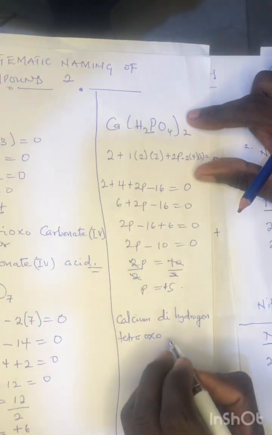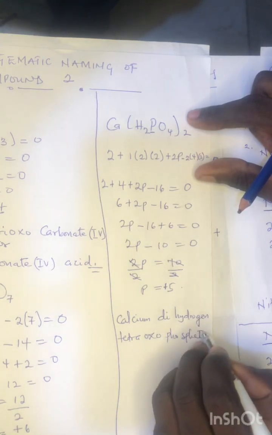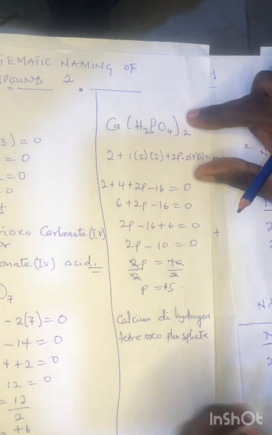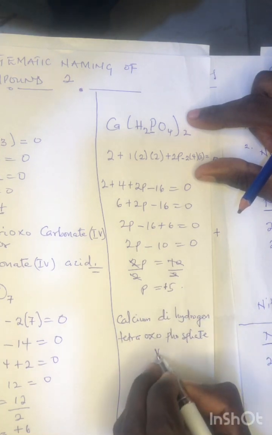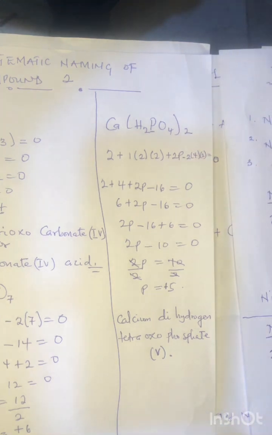Then the whole thing here will give us our phosphate. Then this thing is 5, so we put our 5 there. So simple. So calcium dihydrogen tetraoxophosphate 5.